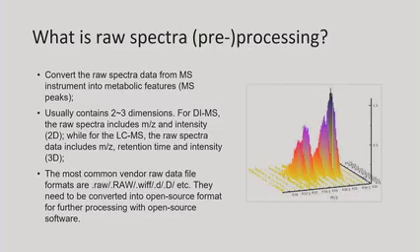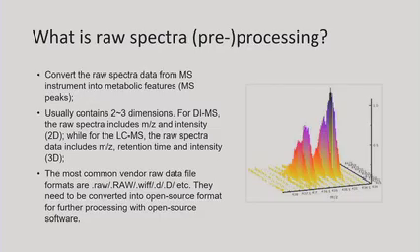The most common vendor raw data file formats are .raw, .wiff, or something else. These are generated by the instrument directly, so you can find the data from your vendor acquisition software. When we get this data, we can use commercial software to do the processing, which is a black box.